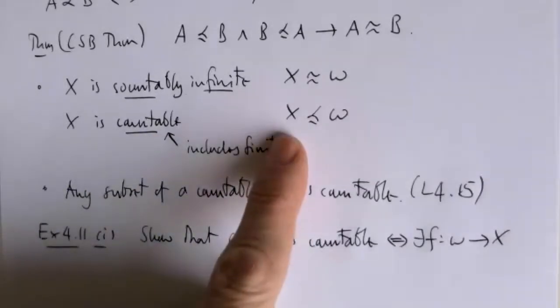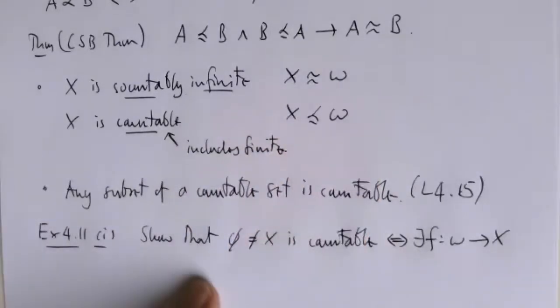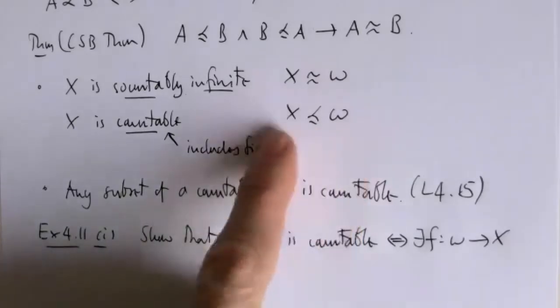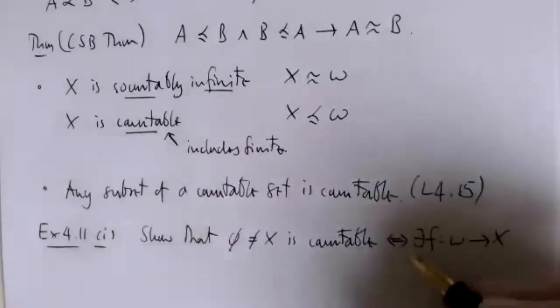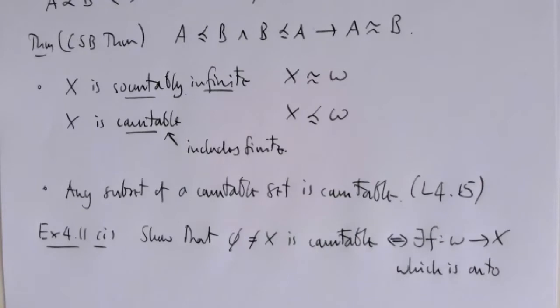It's defined by saying there's an injection into omega. Show that that's equivalent to there being an onto map from omega back onto X. So it's a question of working with the definitions there.